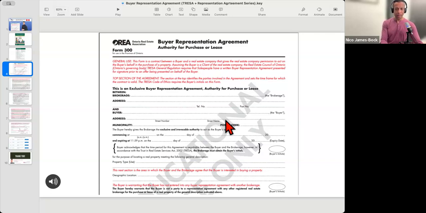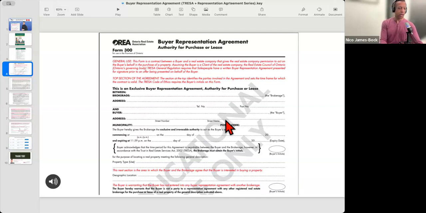Prior to TRESA, there was only one type of representation, and that was brokerage representation, where all of the members of the brokerage were representing the interests of a client. And that could cause issues, as we will see when we discuss multiple representation. So designated representation was created in order to provide clarity.